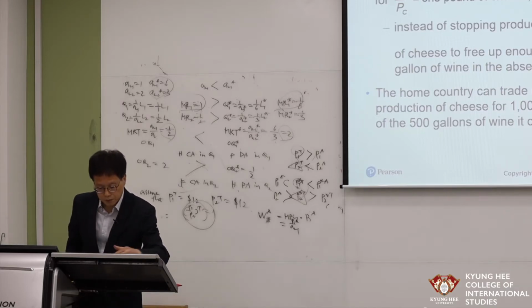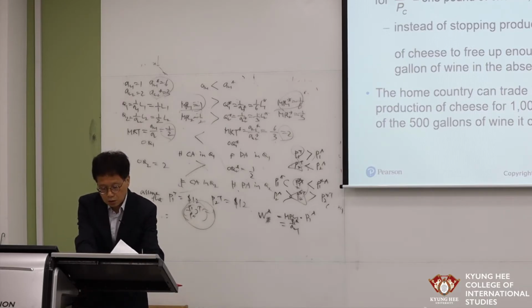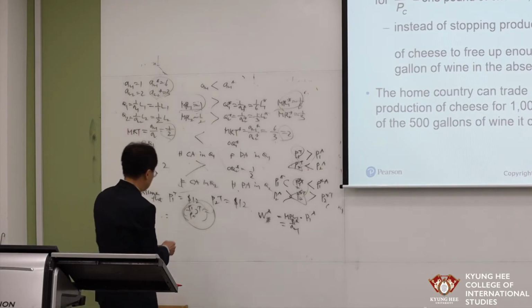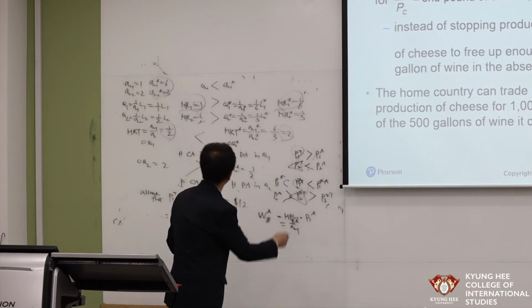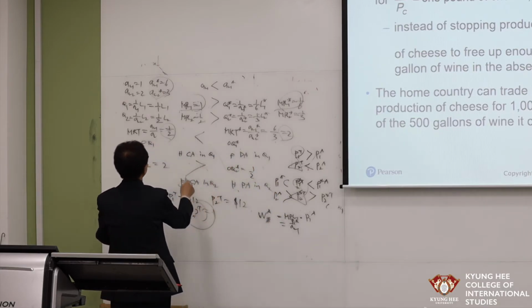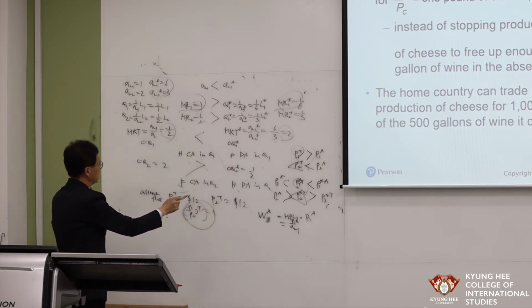For example, we assume that, as our additional assumption, P1T and P2T are $12, right?